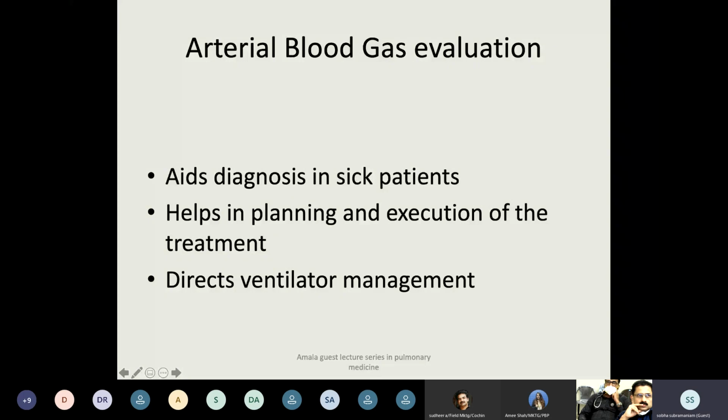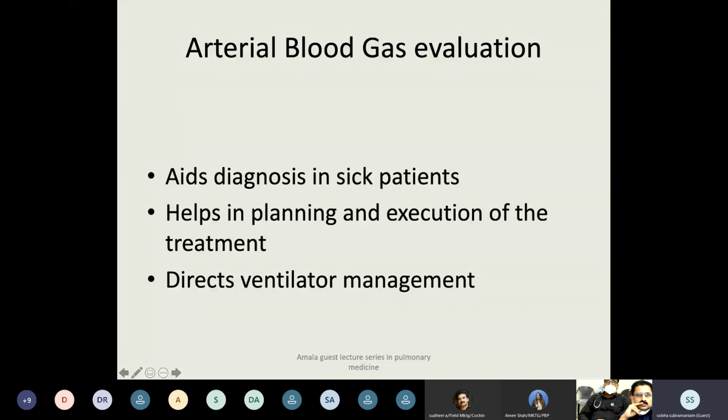I think all medical personnel should have a clear idea of how to approach arterial blood gases. As we all know, it helps us in diagnosis of many of the very sick patients, in planning the treatment, and also in execution of that particular treatment.